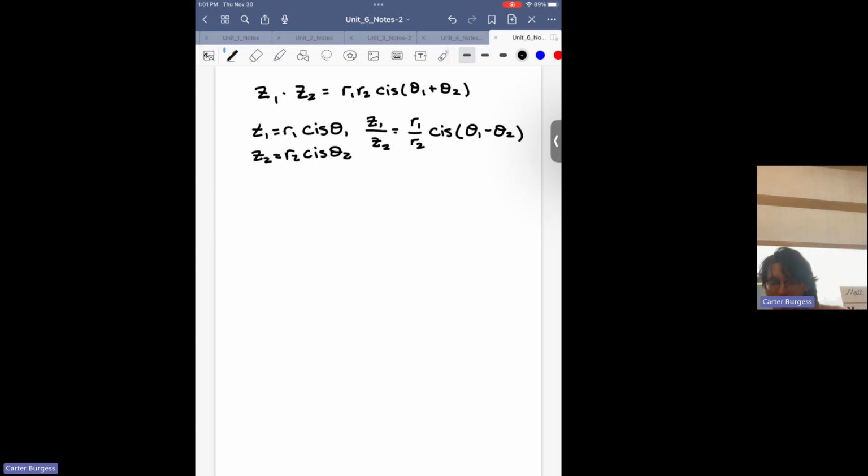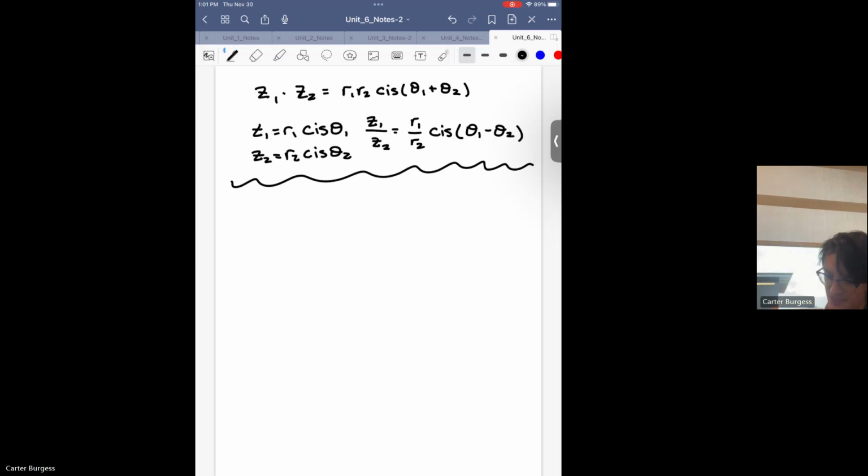In particular, of multiplication. What we're going to be looking at today is what happens when we raise a complex number to certain powers. So let's say that our z is defined as being r CIS of theta.